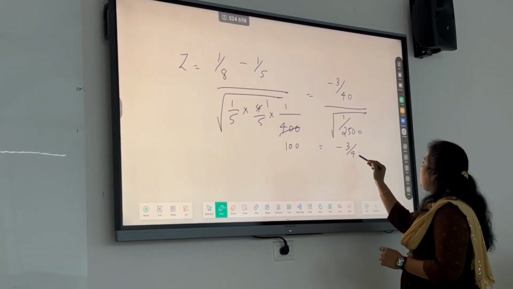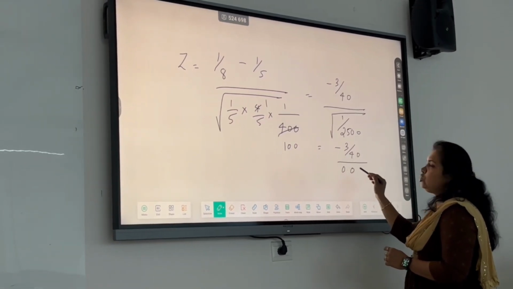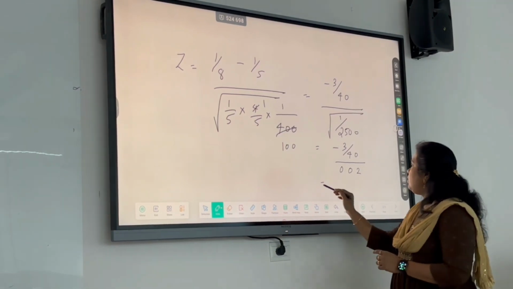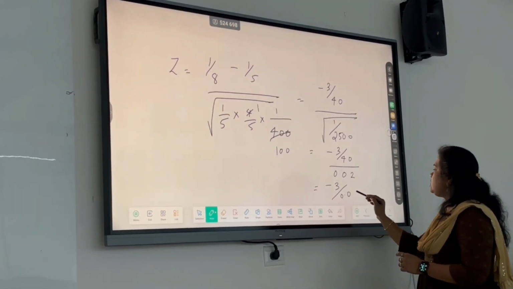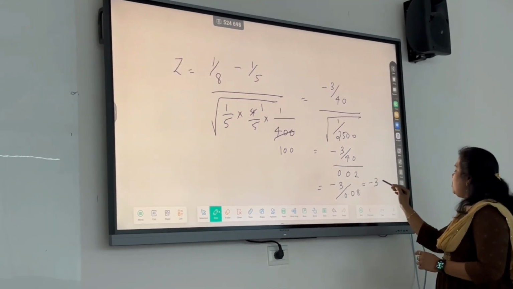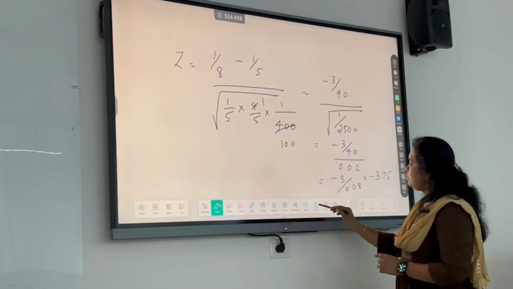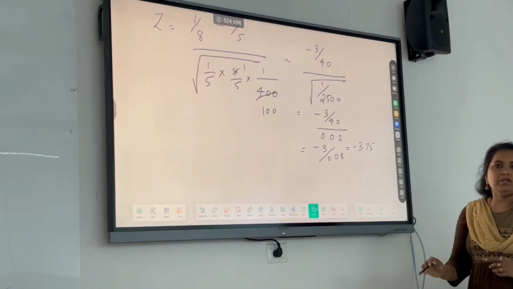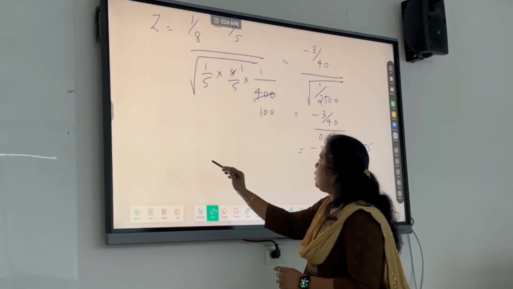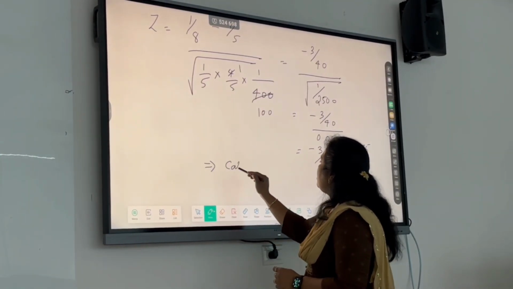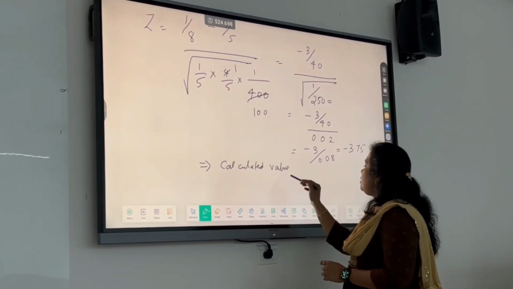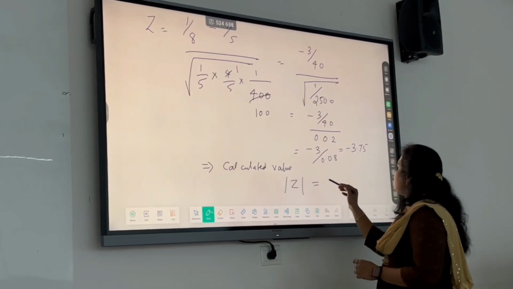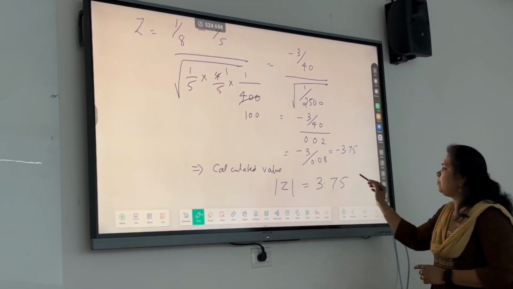After taking the square root, you get 0.02, so the value is minus 3 by 0.08, which is exactly minus 3.75. We get a negative value, but we take the calculated value as mod z, which is 3.75.